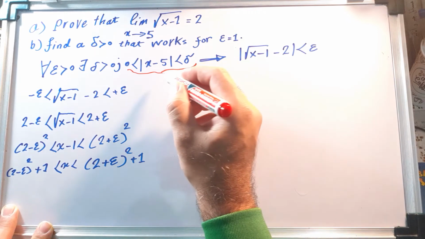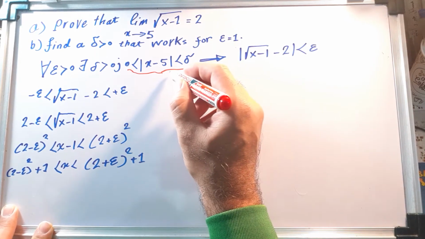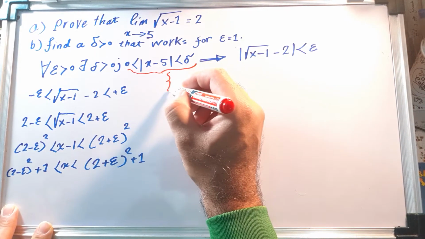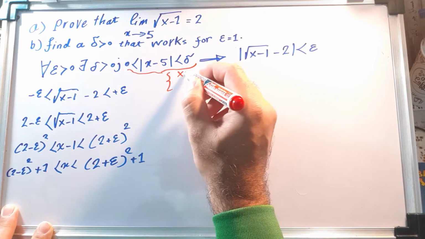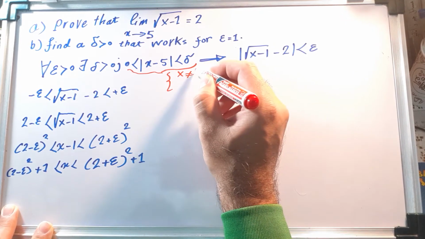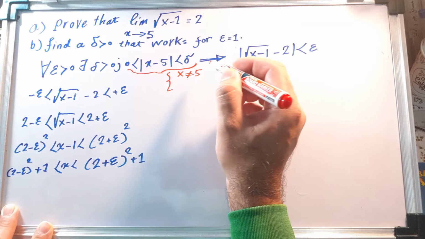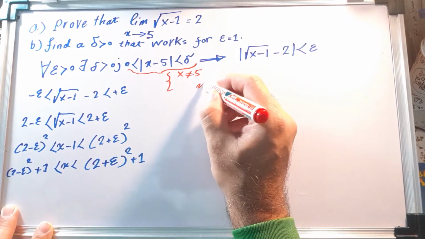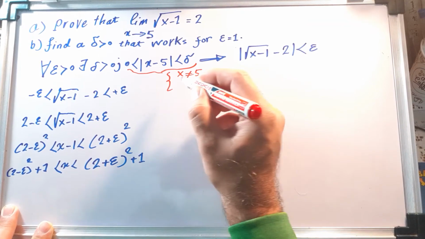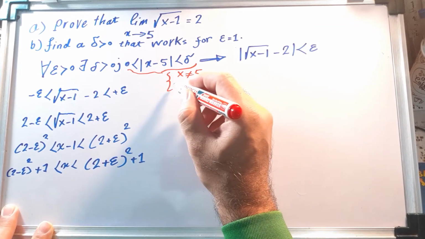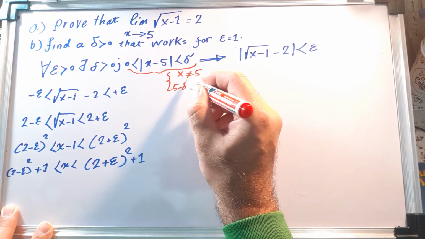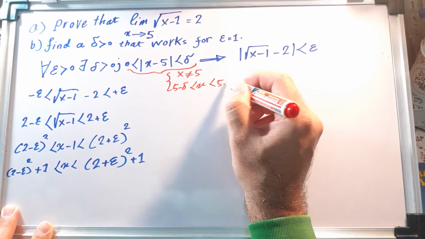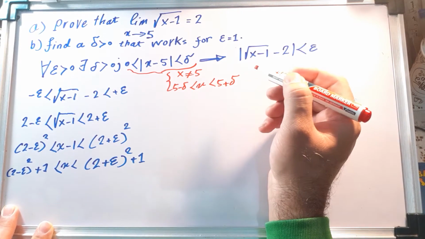Delta expression means that firstly x is not equal to 5, and also x is between 5 minus delta and 5 plus delta.